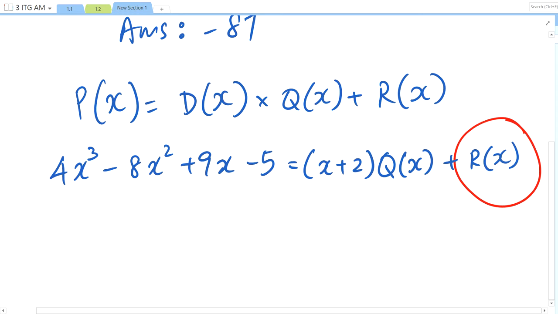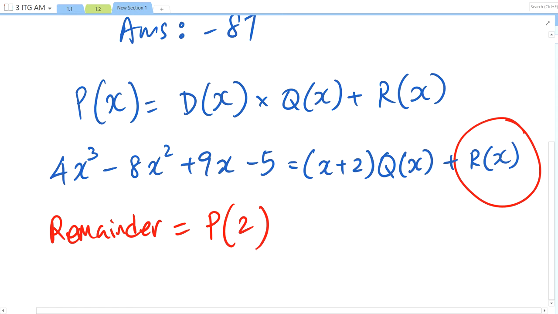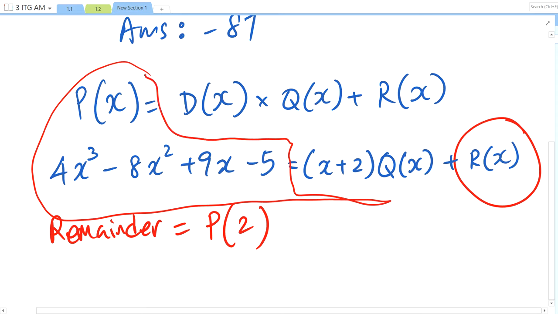So remainder, look, class, remainder equals P(-2). Agree or not? Because this is my polynomial, right? Px is equal to this, isn't it? So when I substitute x equals negative 2, I am supposed to get my remainder, right?